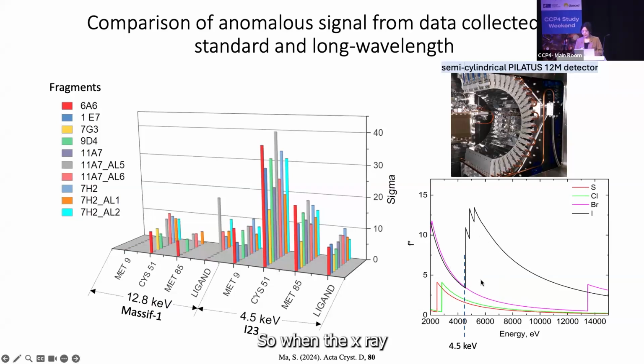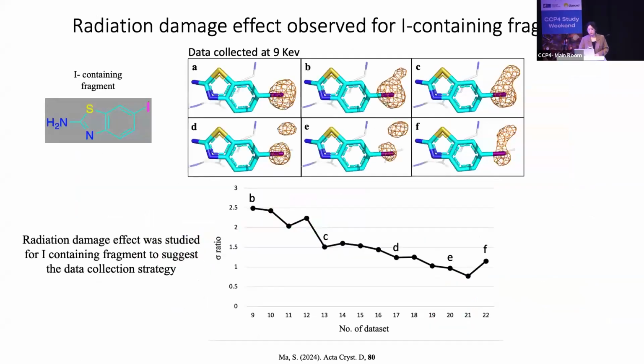So when the X-ray energy is close to their absorption edge, the strong absorption of X-rays may induce potential radiation damage. For example, radiation damage induced distortion of the anomalous difference Fourier map was observed on an iodide-containing fragment when we collected data consecutively from the same crystal using 9 keV energy.